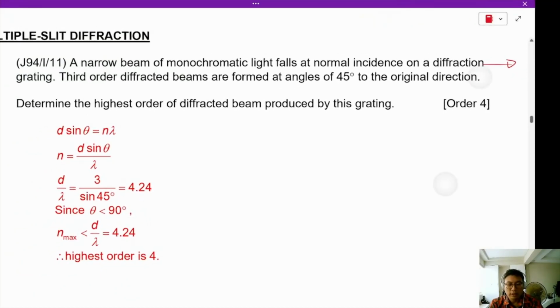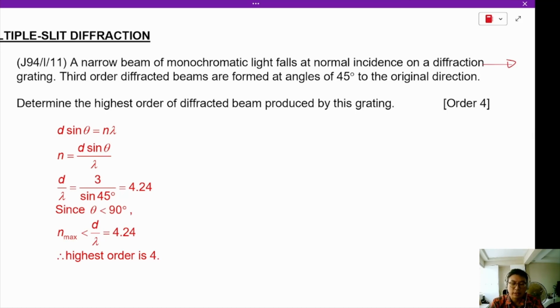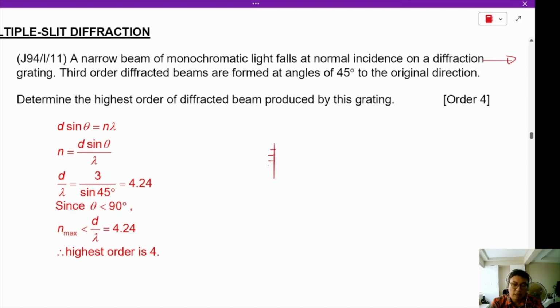Okay, so a narrow beam of monochromatic light falls at normal incidence on a diffraction grating. Third order diffracted beams are formed at angles of 45 degrees to the original direction. So over here, this is 45 degrees, which is the third order diffracted beam, theta 3. Over here, n equals 0, and down here, n equals 3.